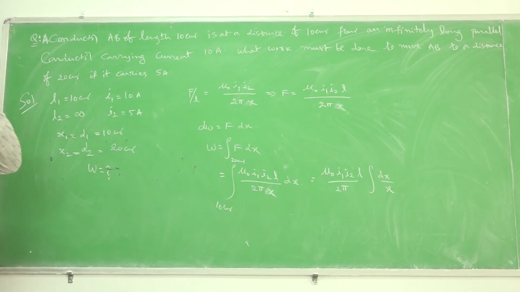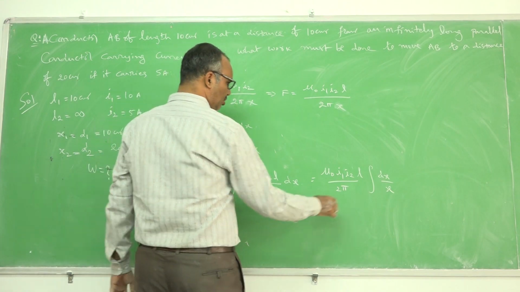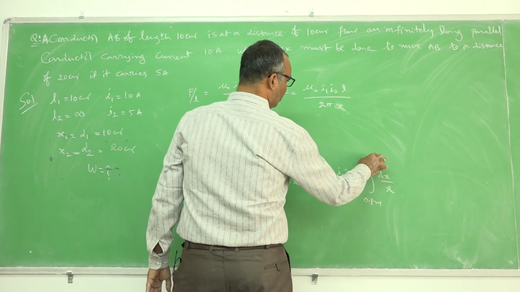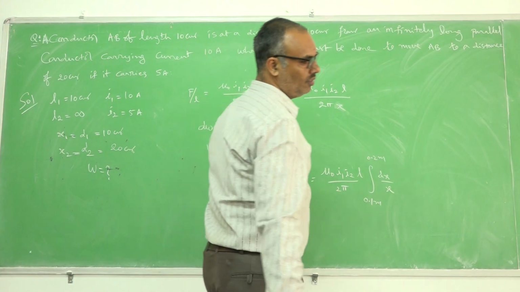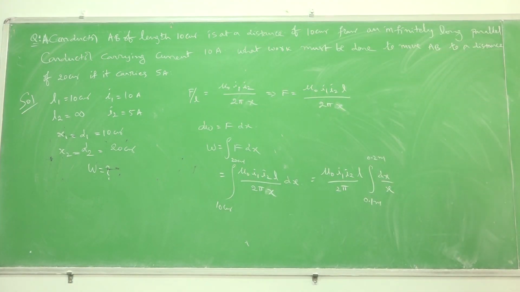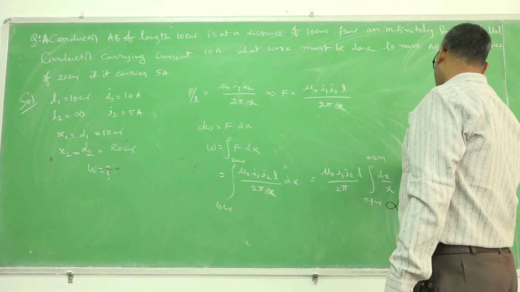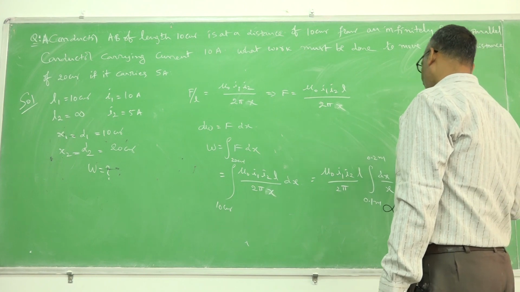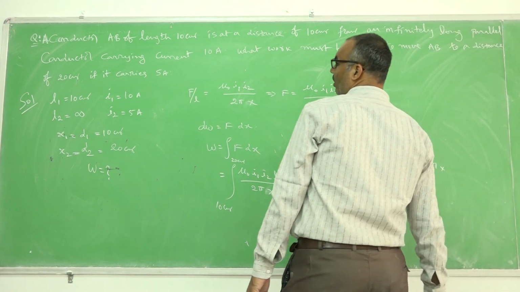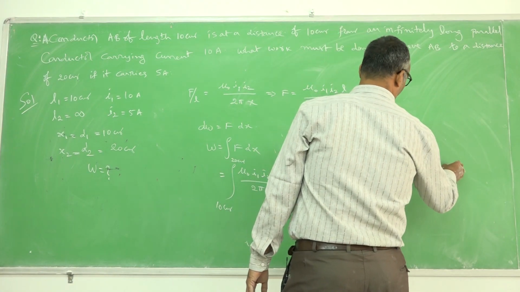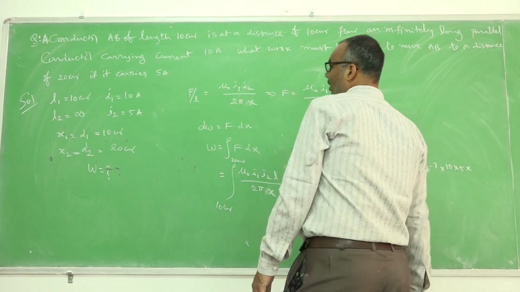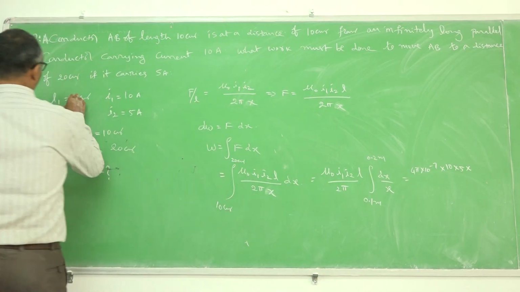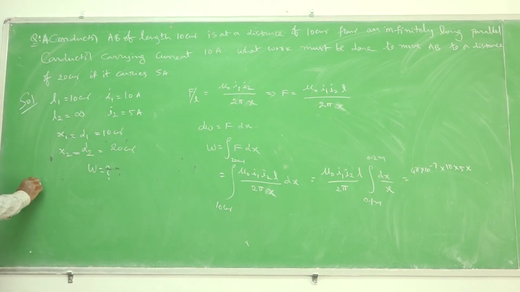In MKS system 10 centimeters means 0.1 meter. This is 0.2 meters. Integral dx by x is log x to the base e. So mu naught value is 4 pi into 10 power minus 7. Strength of the currents are 10 into 5. Here actually the first conductor is having 10 centimeters length. The second conductor is having infinite length.